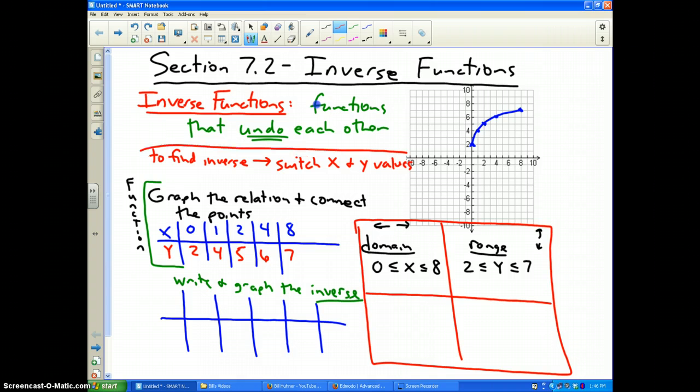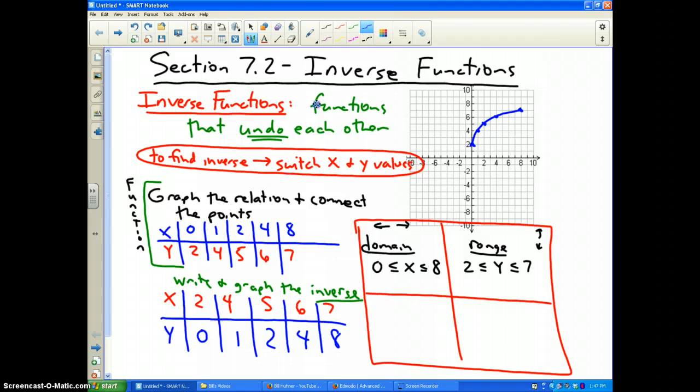I'm going to circle that. To find the inverse, switch the x and y values. So very simply, I'm going to take my red numbers, 2, 4, 5, 6, 7, which were the y's, and I'm now going to put them in the x column. And I'm going to take my x's, 0, 1, 2, 4, and 8, and I'm going to now put them in the y column. Switch them.